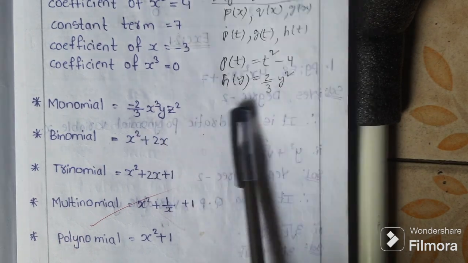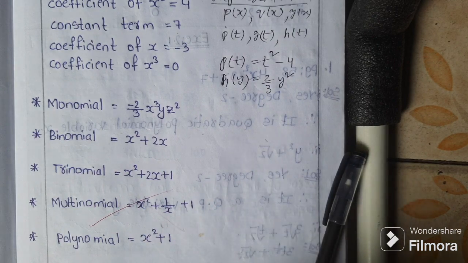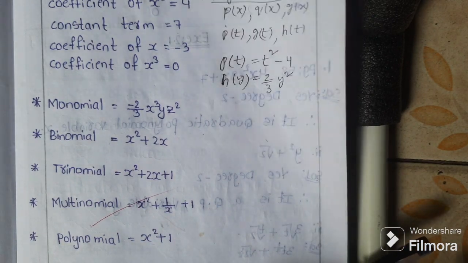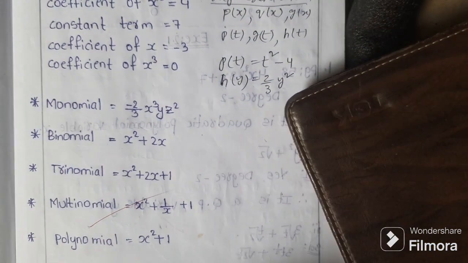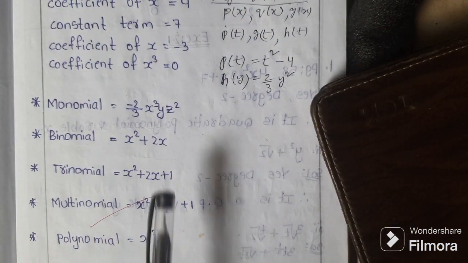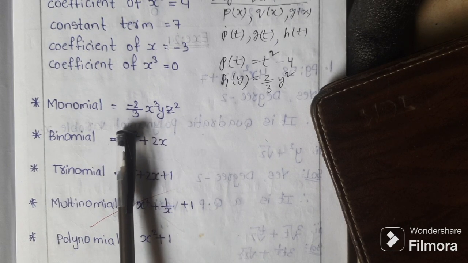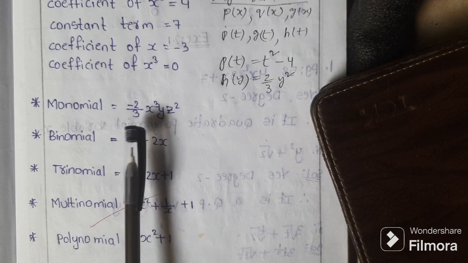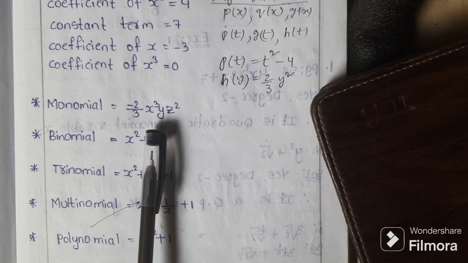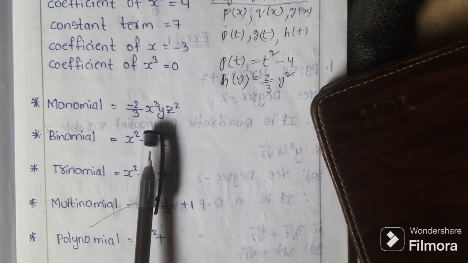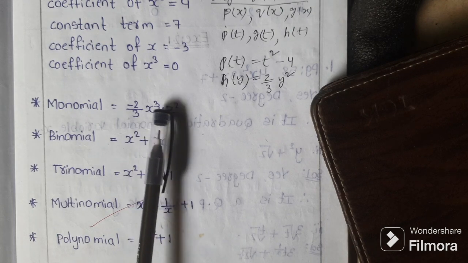But it is entirely only one single term, because in between x and y and z there are no symbols except the minus 2 by 3, which is the coefficient. In between x, y, z there is no plus or minus. It is considered as only one term. Actually it is a monomial.